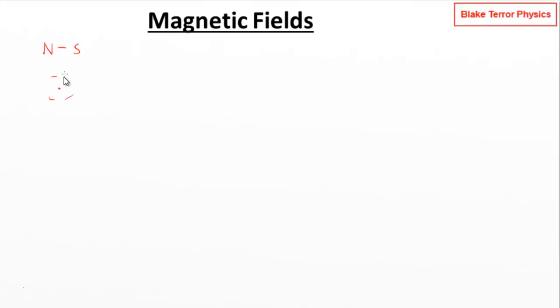The atoms might be all over the place, not aligned, with north-south in different directions. But if you can align them so they're all north-south, north-south, north-south, then you've got yourself a magnet.